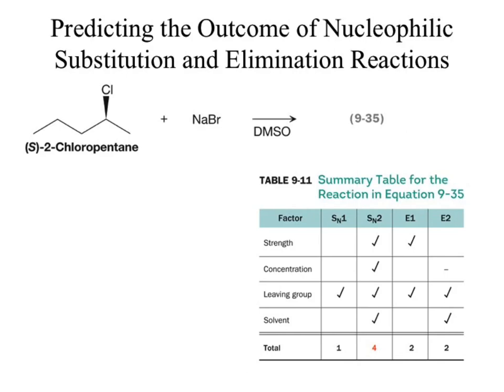Concentration of what? Okay? Both of those terms are really weird and bizarre. Notice leaving group. What did I say was important about the leaving group? They all have it. And look at what they've got. All checked. That's kind of a dumb thing to evaluate if every single one of them needs a leaving group. Okay? And then solvent becomes important.